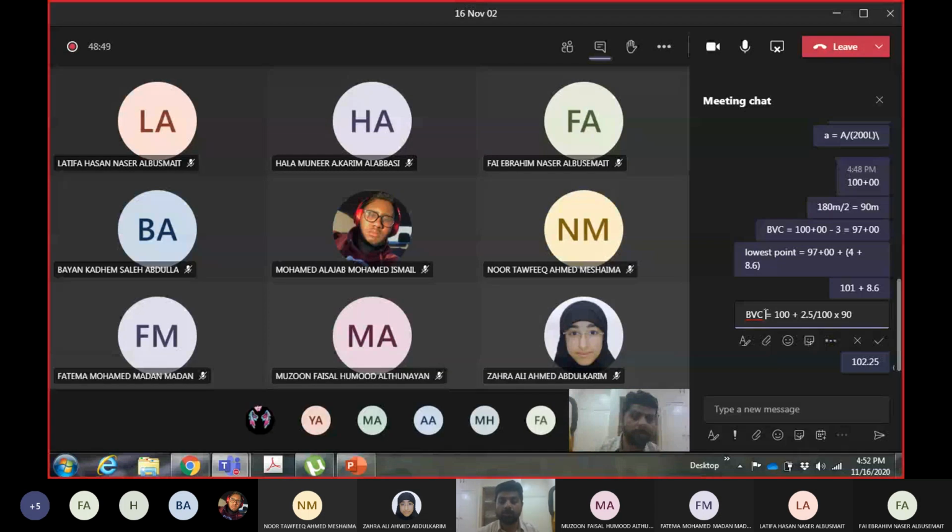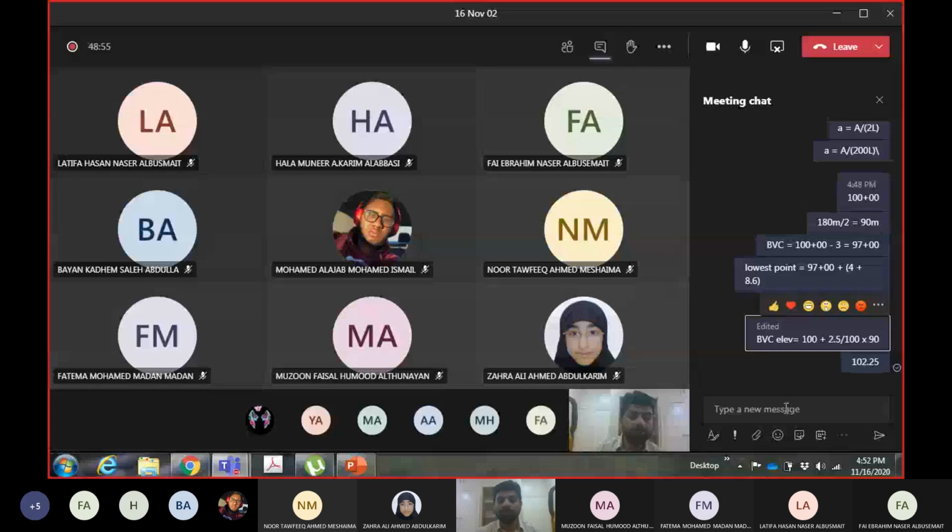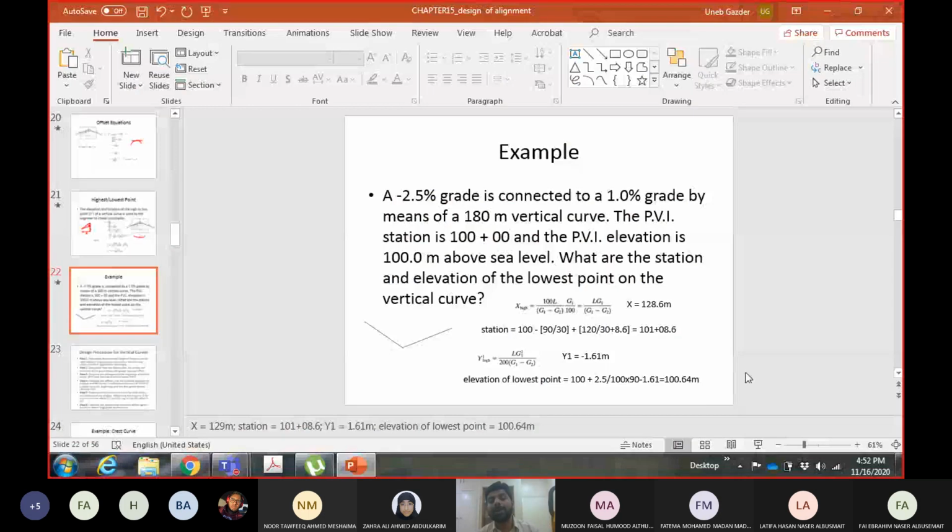So for the lowest point elevation, you will have 102.25 minus 1.61. Why am I doing minus? Because this is the lowest point, so it is downward, and Y1 is also negative, which indicates that I have to subtract. So 102.25 minus 1.61 gives 100.64. So the elevation of the lowest point is 100.64 meters.